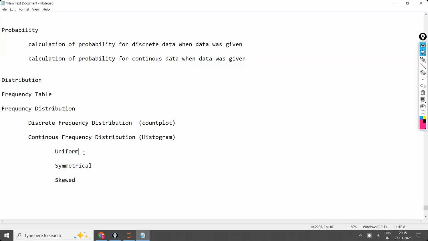No. They are applicable only to the continuous, because the bars have to attach to each other. These 3 are part of the continuous only, not discrete. After explaining the 3 types, symmetrical distribution and skewed distribution, note that symmetrical distribution is also called normal distribution.